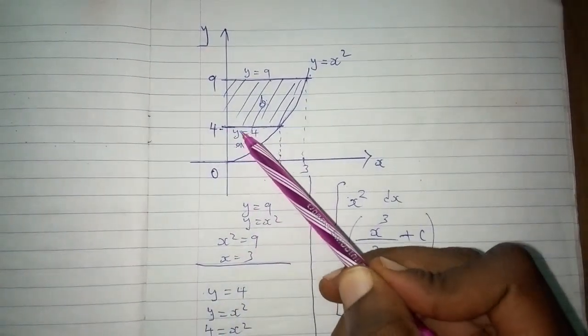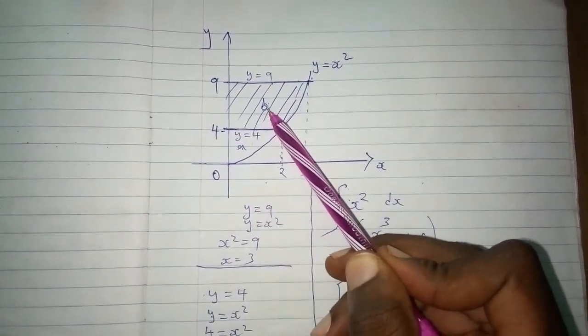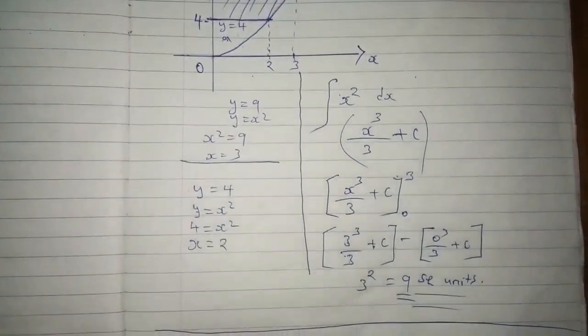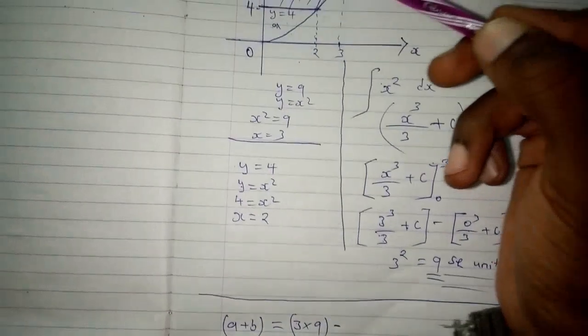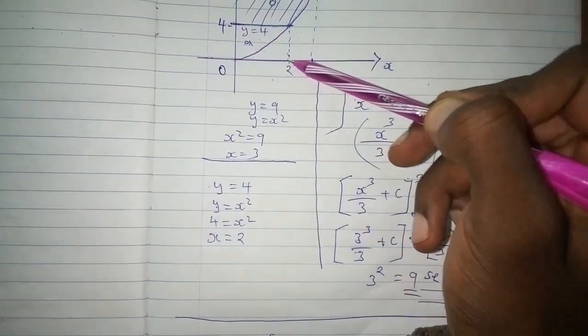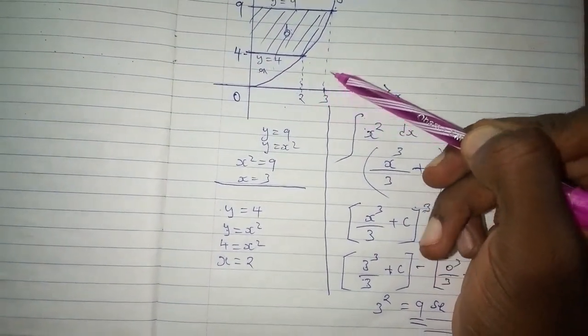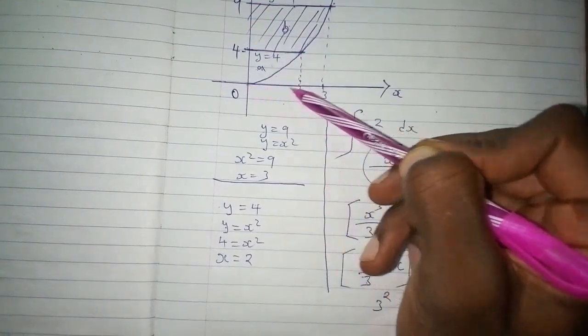If we take the area of A plus B, it is going to be equal to the area of this bigger rectangle. I hope you can see the bigger rectangle here.